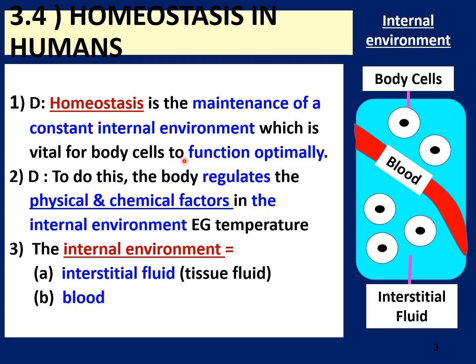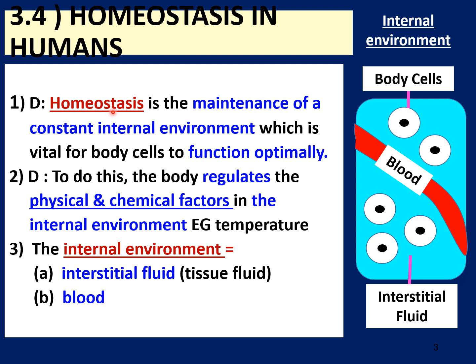Because for body cells to function optimally, they must have a fixed range of temperature, or else the enzymes may become denatured or destroyed. Right? Same with pH too. The pH must be kept in the normal range.